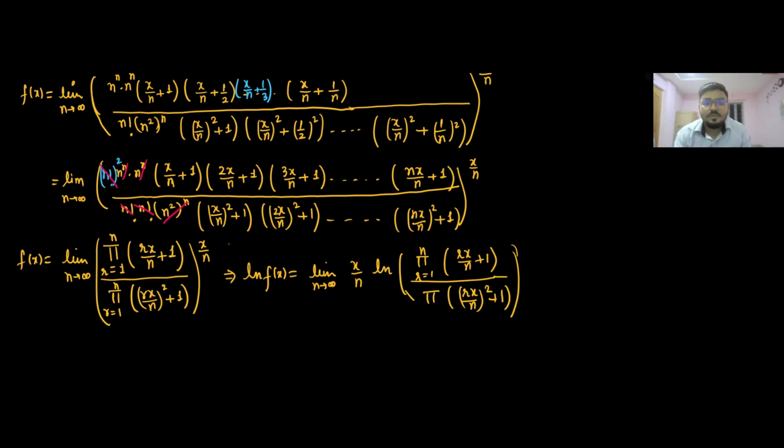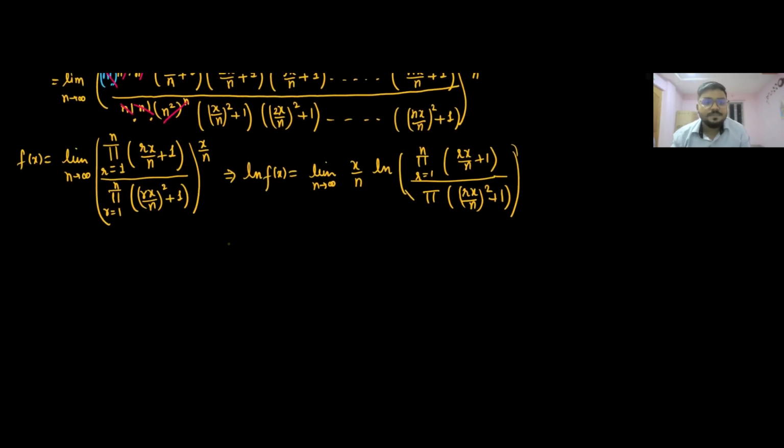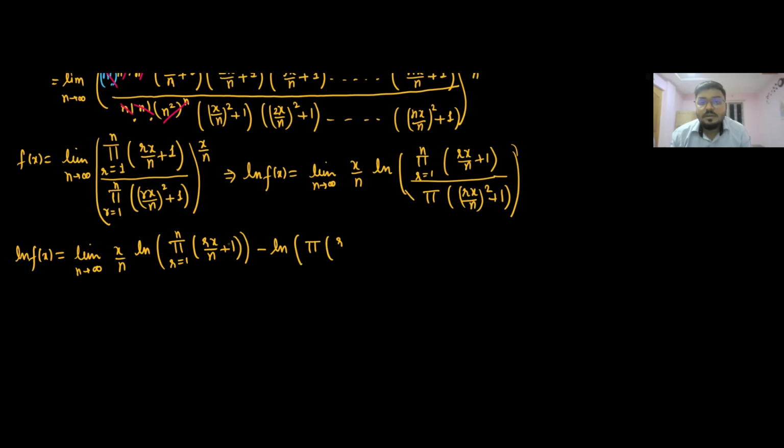So this we can rewrite it as ln f(x) equal to limit n tending to infinity, x by n and ln product of (rx by n plus 1) from r equal to 1 to n, minus ln product of ((rx by n) whole square plus 1). The same limit is on both the products, r equal to 1 to n.